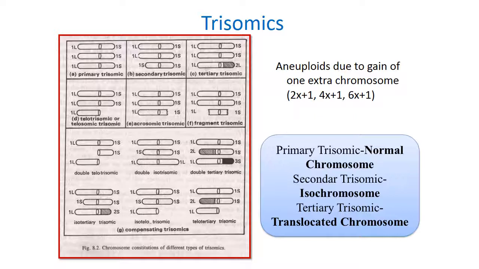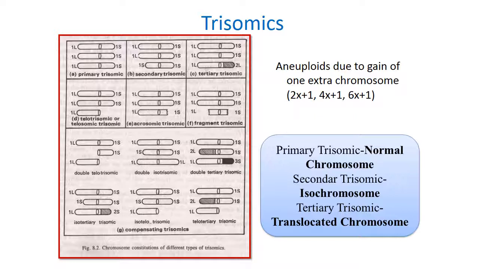In the primary trisomics, as you can see, the extra chromosome is a normal chromosome. In secondary trisomics, the extra chromosome is an isochromosome, that means both arms have the same chromosomal arm. In tertiary trisomic, it is a translocated one.